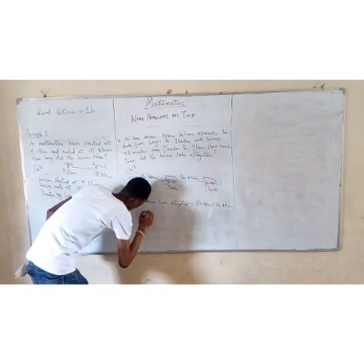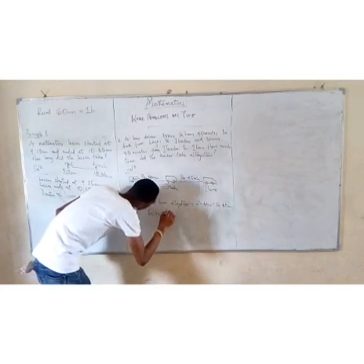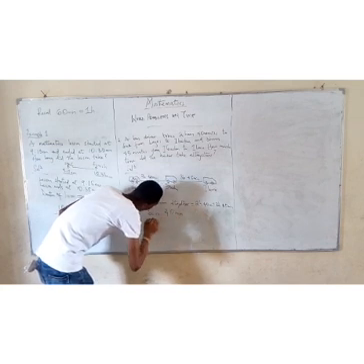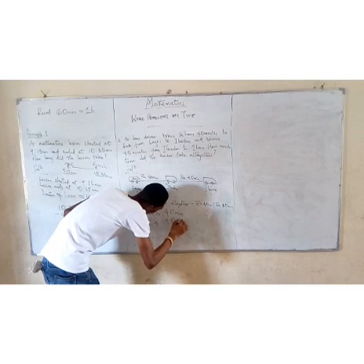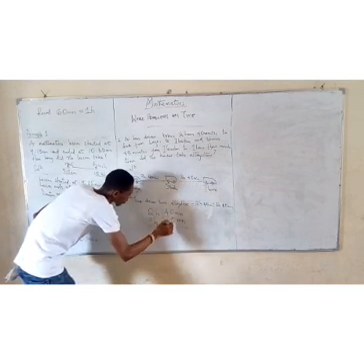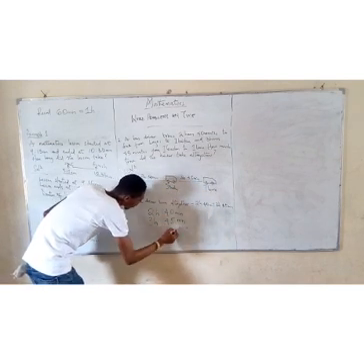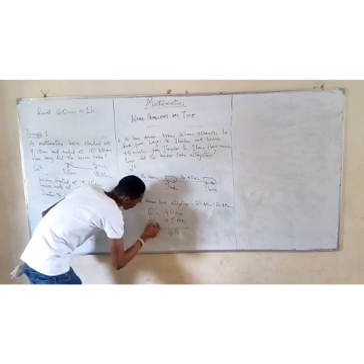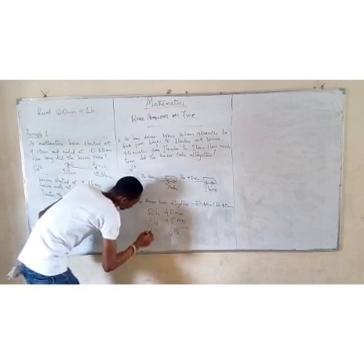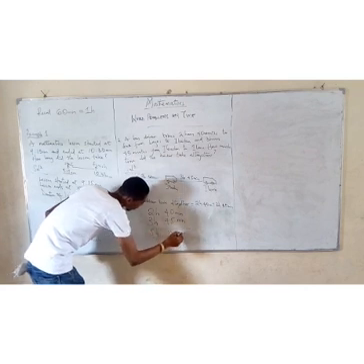So let's add and see. 0 plus 5 is 5. 4 plus 4 is 8. 2 plus 3 is 5.